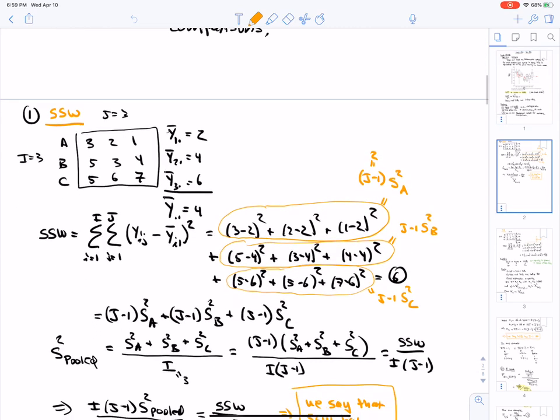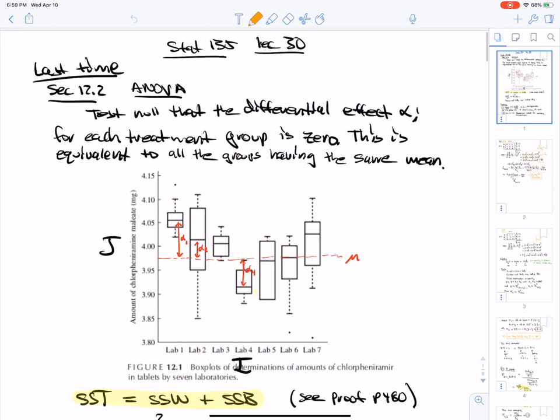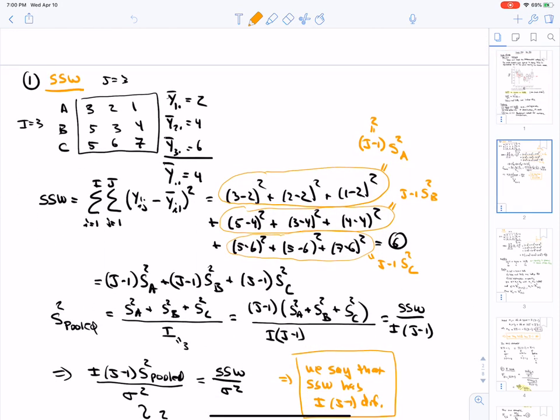So the example we were looking at last time was a 3 by 3. I've taken a transpose of this picture here, putting the labs I as the rows and the observations J as columns. And we have row means 2, 4, and 6, and the total mean is 4.